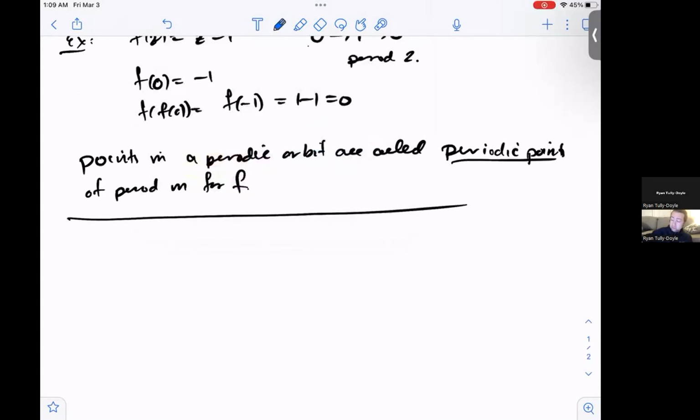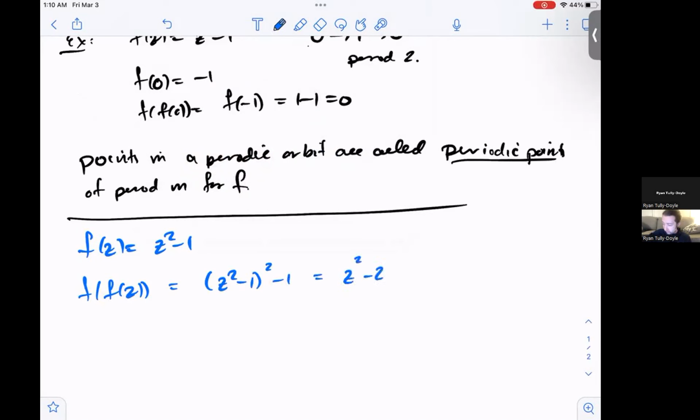So you can imagine that if you looked at not f of z equals z squared minus 1, but f of f of z, then you would be looking at z squared minus 1, squared, minus 1, which is z to the fourth minus 2z squared plus 1 minus 1, and that's equal to z to the fourth minus 2z squared.